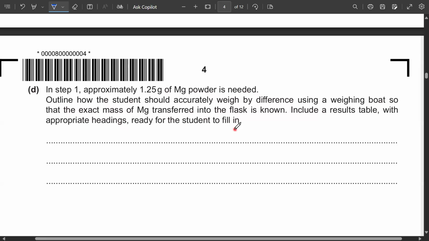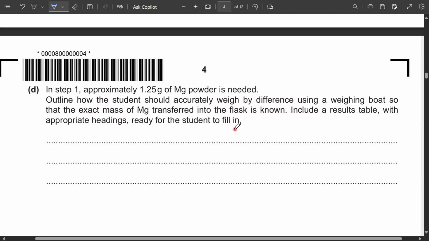Now, this part of the question will test the knowledge you had in your AS chemistry lab. If you remember, you used to measure the mass of any particular solid for the chemical reaction, and you used to have the headings in tabular form. So you used to have a container containing any solid particles.